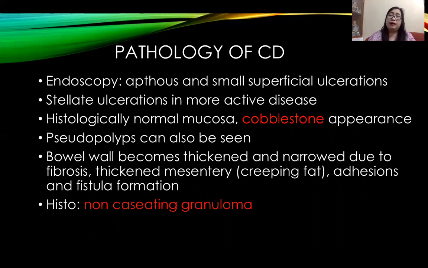You may appreciate stellate ulceration in more active diseases. And grossly, what you see is a normal mucosa with cobblestone appearance. You may also appreciate pseudopolyps. The bowel wall becomes thickened and narrowed due to fibrosis and thickened mesentery, which is creeping fat, and adhesions and fistula formation can also be appreciated. Histologically, what you see is a non-caseating granuloma.